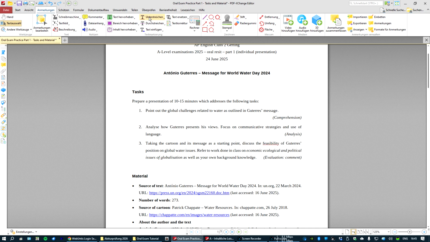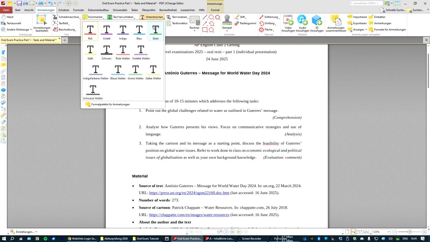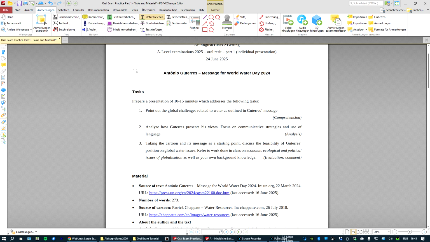What you need is a pen with which you underline stuff. Let's use green waves here for that in this respect, so it's well visible. So point out the global challenges related to water. This is what we underline like this.